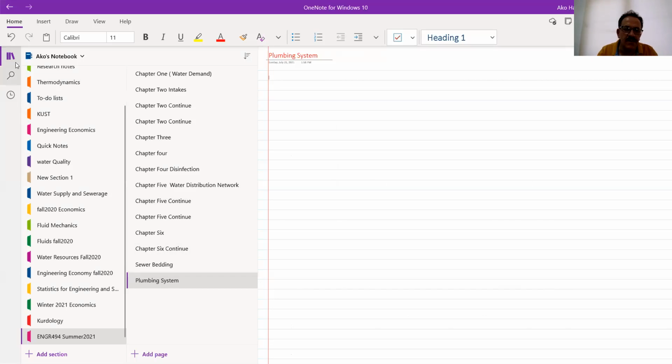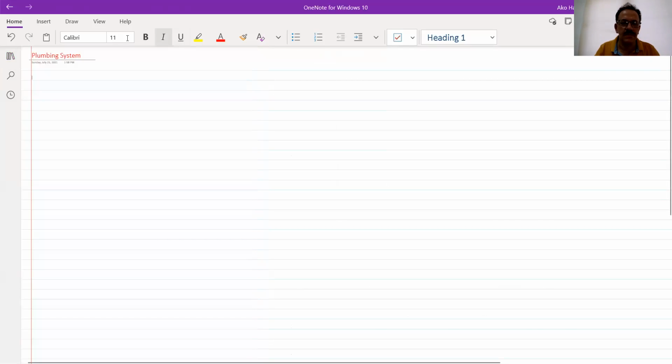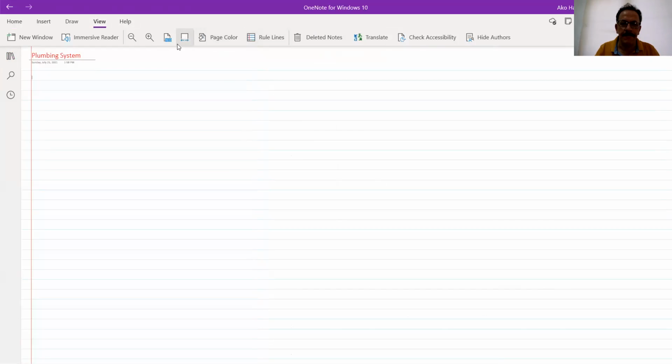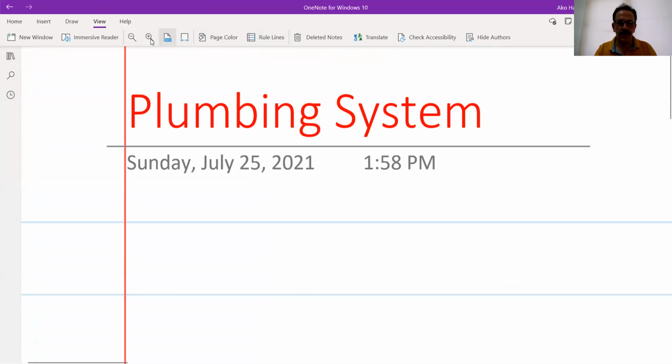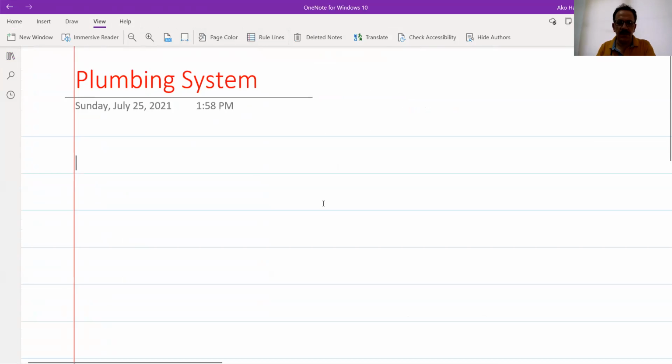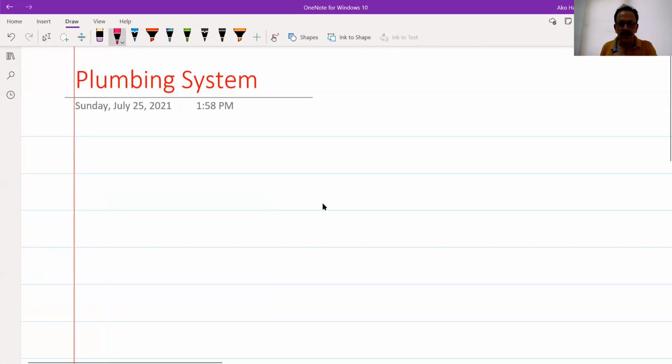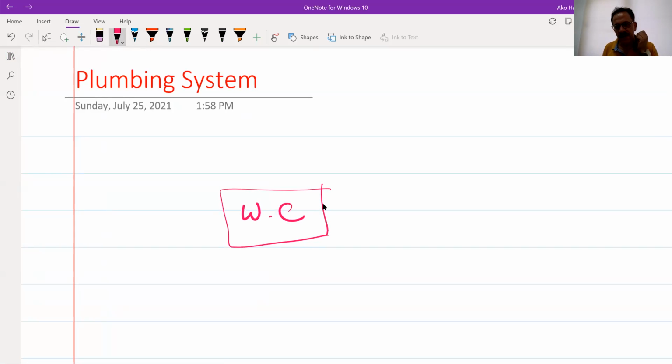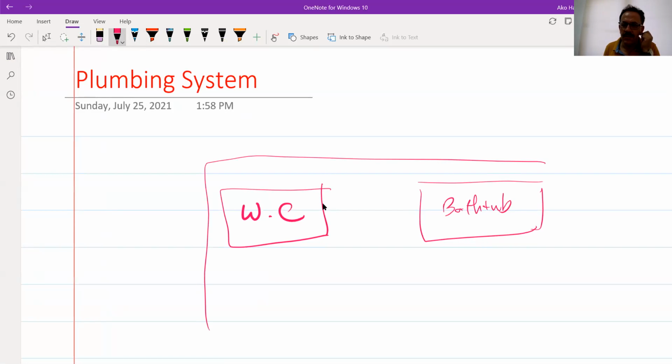Let me say I have both, for example this one, a WC, or a water closet, and we have a bathtub. So if I have both of them in one room and I want to send water, this is cold water.